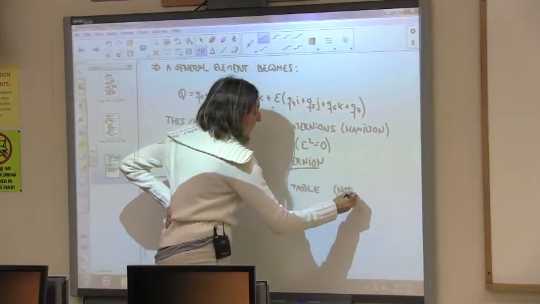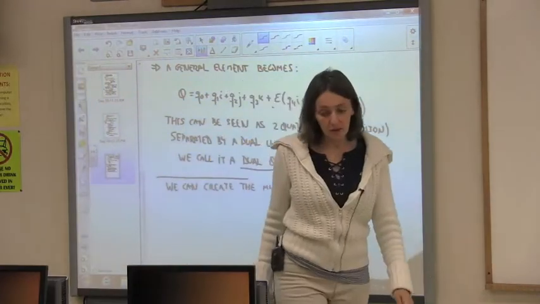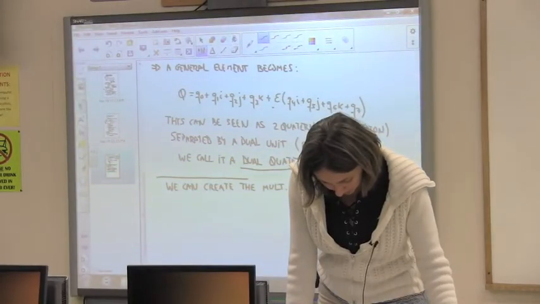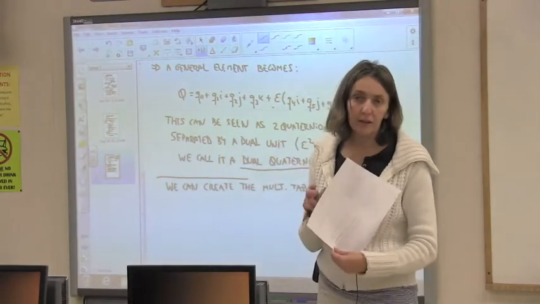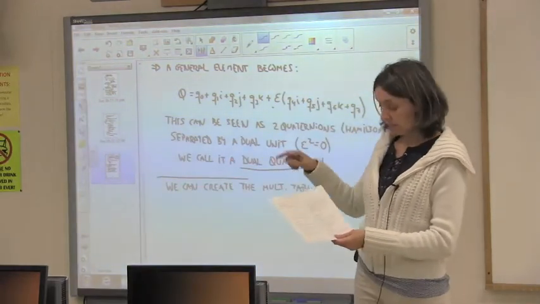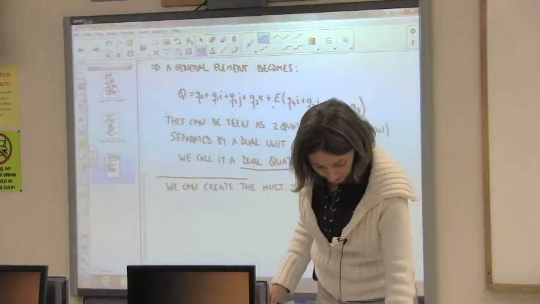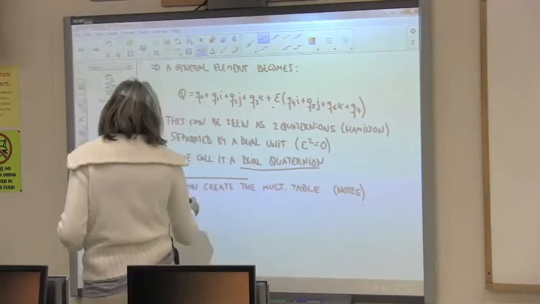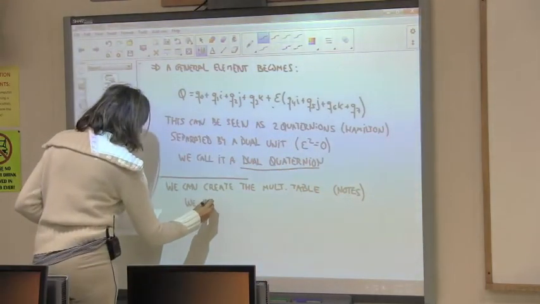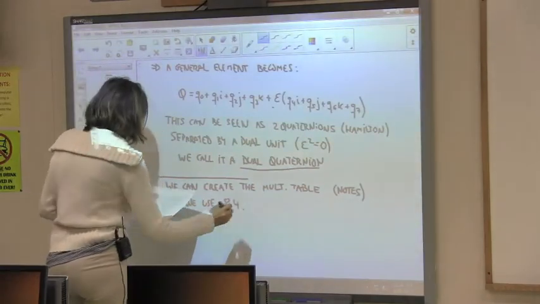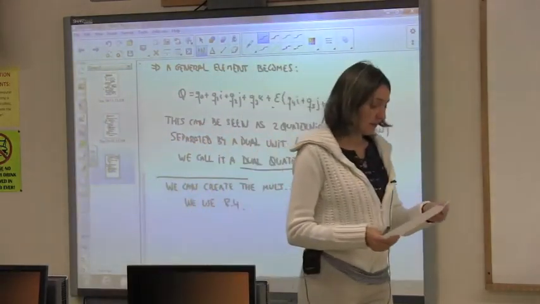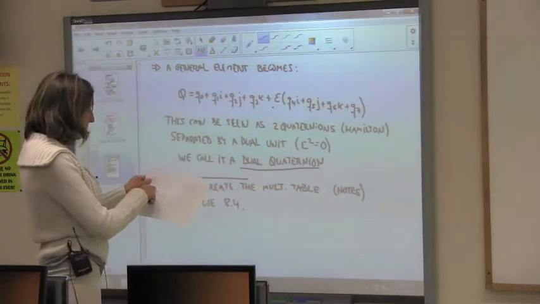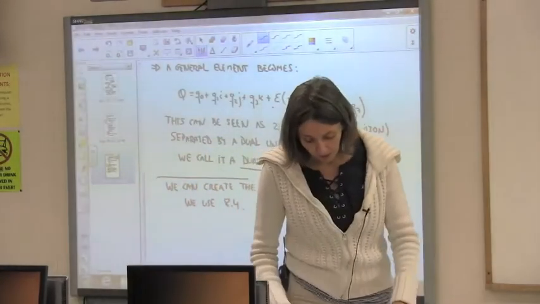The notes are already posted on our Moodle page for this chapter, and let me just show it to you. For the multiplication table that we are going to use, I put several, because depending on how you organize your units, you can get a different multiplication table. The one we use is 8.4. It basically has E1, E23, E31, E12, and so on, and how they multiply together, which ones give 0, which ones give minus 1, which ones give another product.